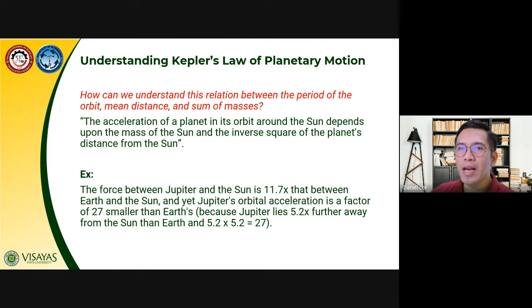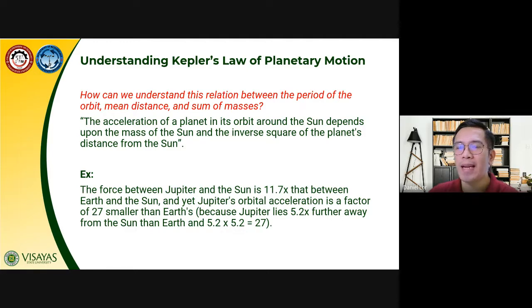Therefore, the acceleration of a more distant planet due to the force of gravity between it and the sun must be smaller than the acceleration of a planet near the sun. As a result, a more distant planet must orbit the sun at a lower average orbital speed. So mas hinay ang movement sa distant planet.